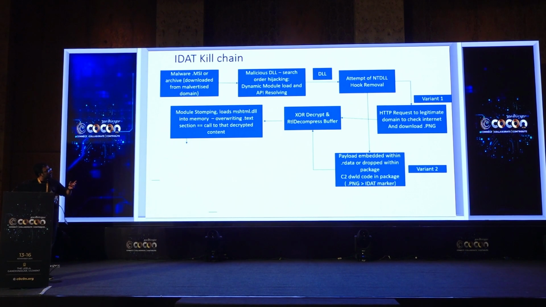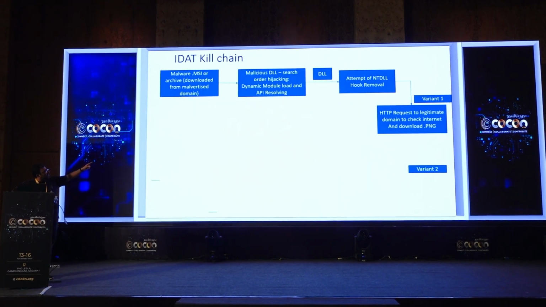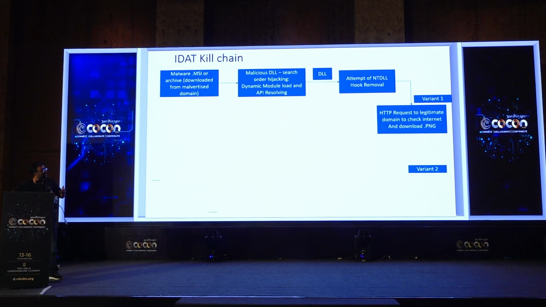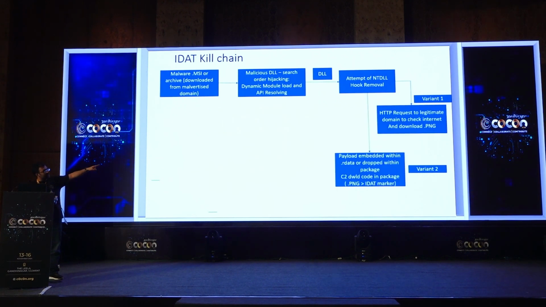Now, I don't want to take too much time, but there is variant 1 and variant 2. You see the attempt for anti-DLL hook removal; ideally an EDR product would spawn an alert there, because this malware would try to unhook the EDR product. The first variant would download the PNG file. I said that they leverage steganography.